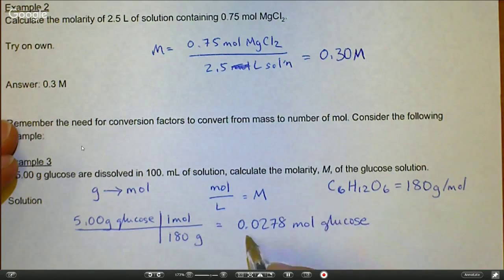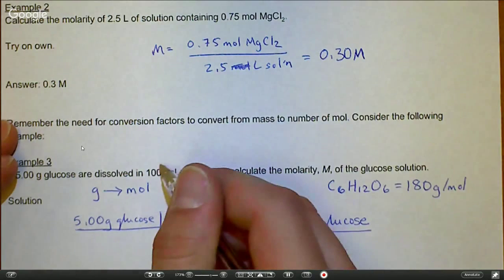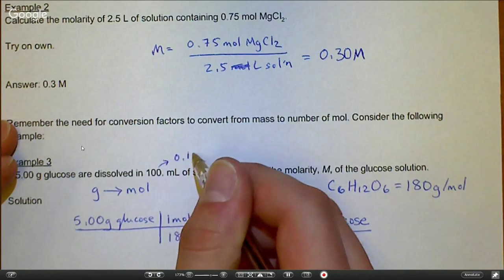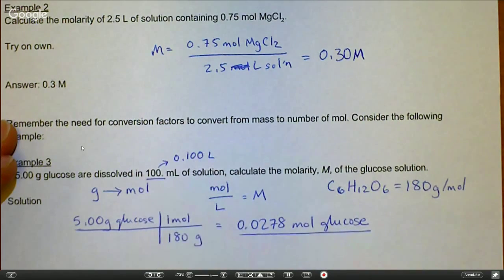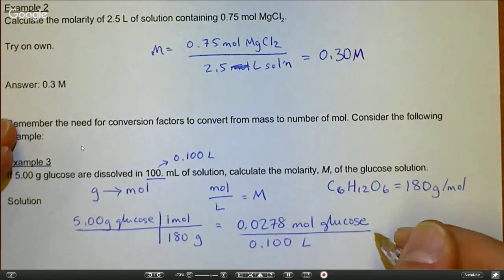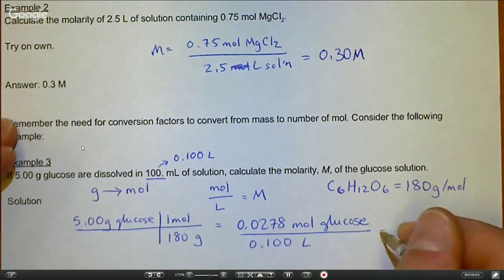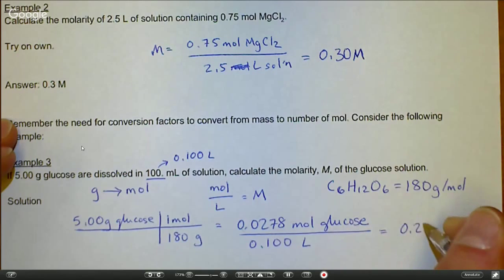We can take that many moles of glucose and divide by the volume, which is 100 milliliters, or 0.100 liters, being sure to maintain the same three significant figures. So 0.100 liters of the solution, and our result is 0.278 moles per liter, or molar.